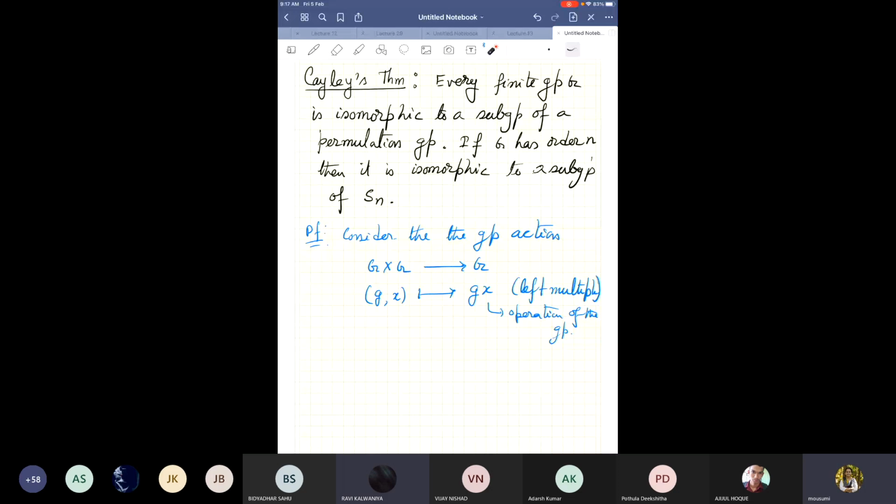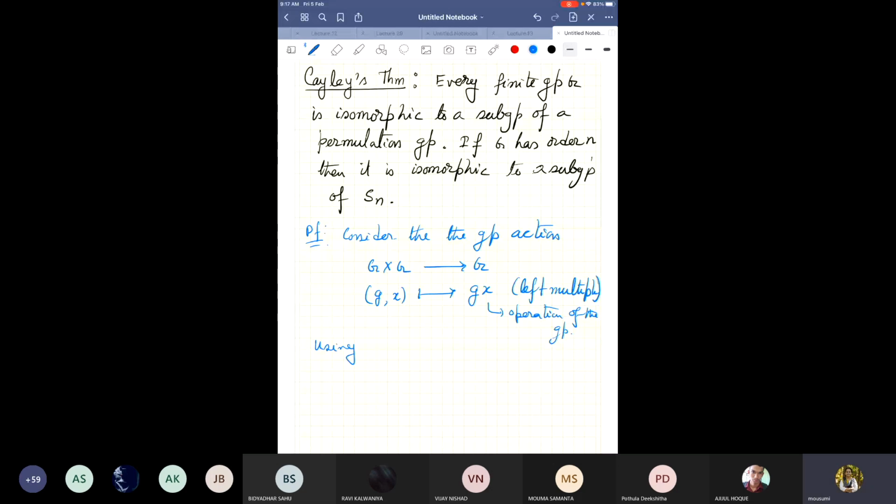Yesterday I have defined the permutation representation of a group action. So the permutation representation of a group action defines a group homomorphism from the group to the symmetric group, isn't it?